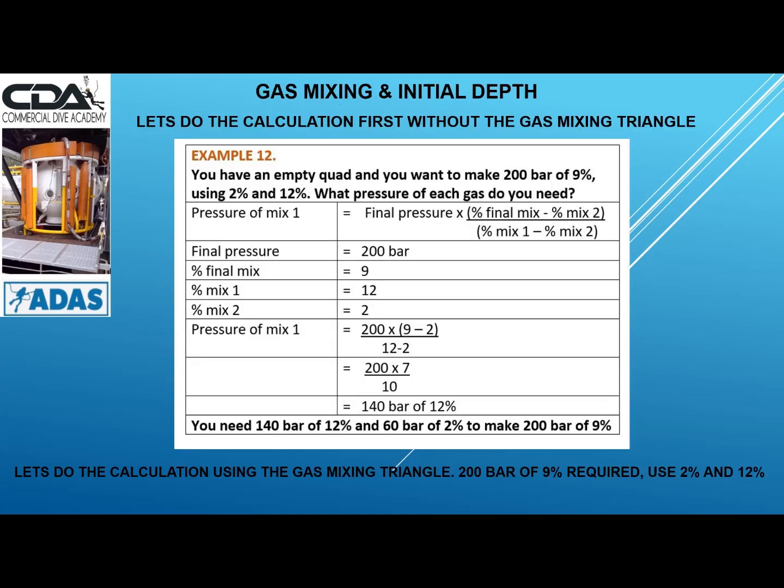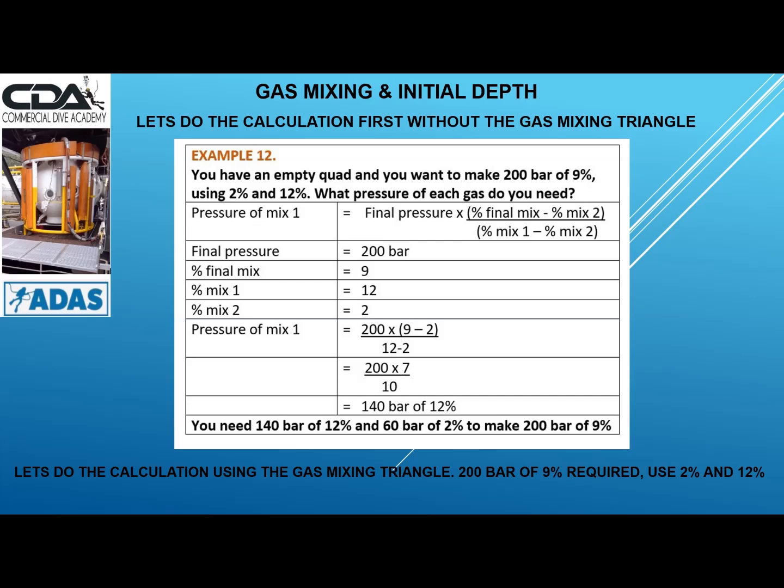Example. You've got an empty quad, you want to make 200 bar of 9% using 2% and 12%. What pressure of each gas do you need? There's a formula, we've already covered that. We're looking for the pressure of mix 1. We've got 200 bar, final mix is 9%, mix 1 is 12%, mix 2 is 2%.